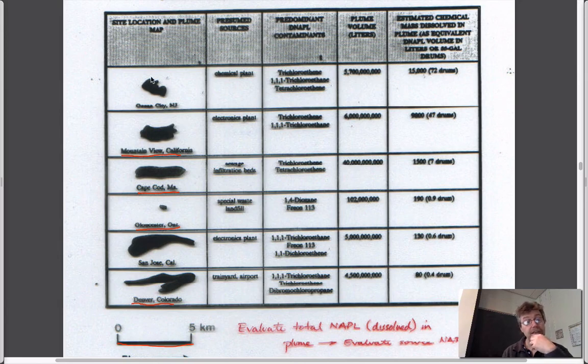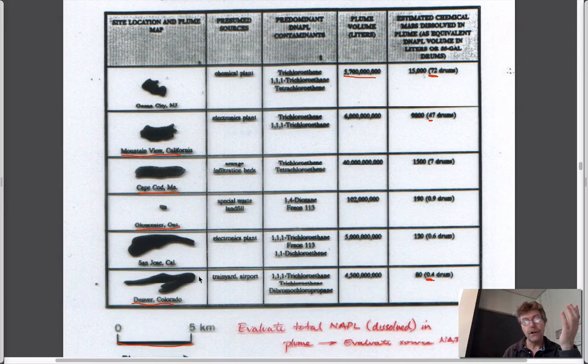And if you go back to these and you calculate from the magnitudes of the concentrations of these plumes, which we said are quite low because the solubility is quite low, then although the volume of the plume is very large, the amount of stuff it takes as free phase to make these plumes is actually really not very big. In one of these cases, this is an oil drum, 45 or 55 gallon oil drum.